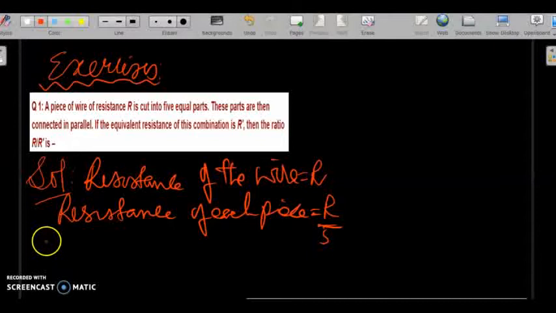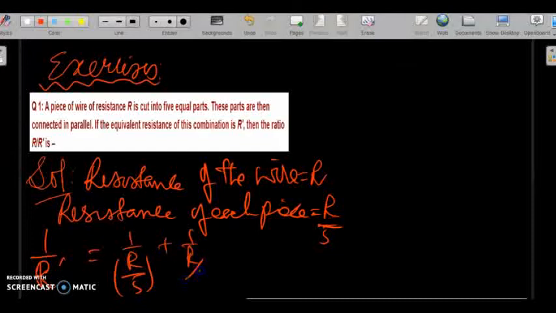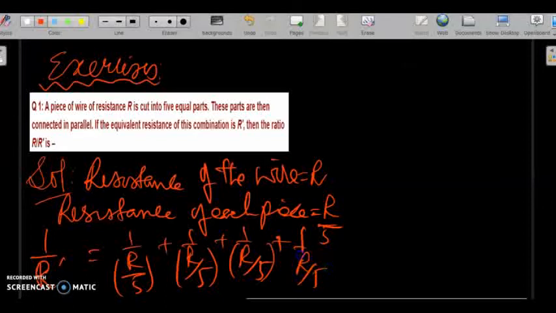Effective resistance, as they are connected in parallel, so it should be 1 by R dash, as he has given, 1 by R by 5 plus 1 by R by 5 plus 1 by R by 5 plus 1 by R by 5. So that's 1 by R by 5.